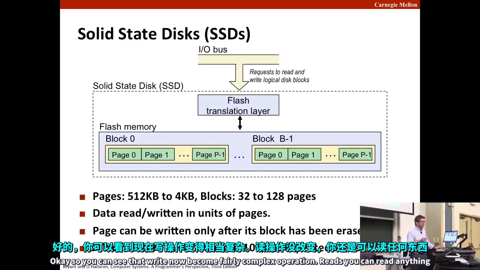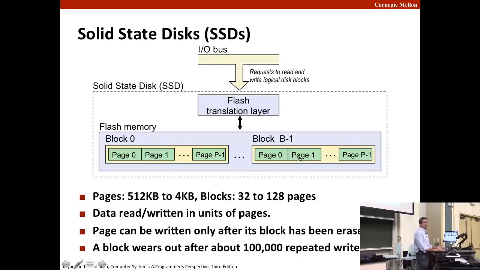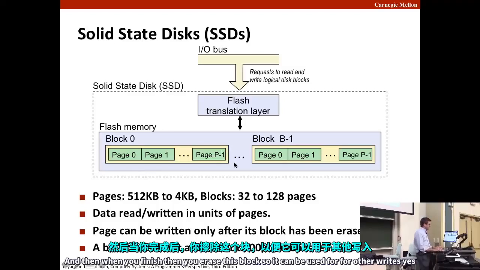Reads, you can read anything. And then, like all flash, it's kind of inefficient, right? Because you're writing one page, but to do that, you have to copy all the other pages in that block, and then when you're finished, you erase the old block so it can be used for other writes.